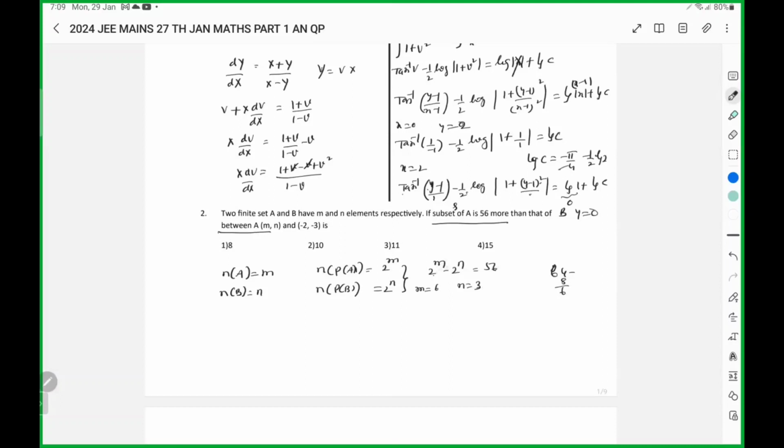M as 5 becomes 32, and after that it is different. So now the point becomes 6 comma 3 and the other point is minus 2 comma 3. The distance between them is square root of 8 square plus 0. So the answer is 8.